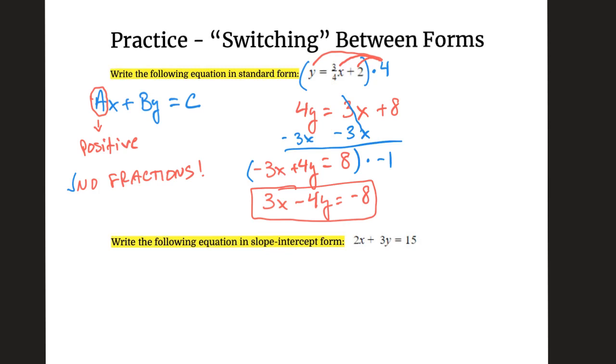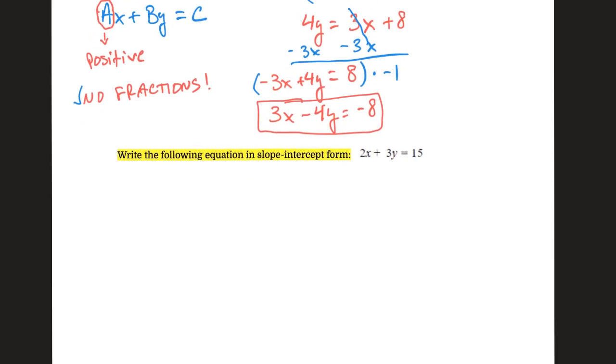All right, so now we're going the other way. This time they're giving it to us in standard form, and they want us to go into slope-intercept form, which is of course y equals mx plus b. So let's write that down for ourselves: y equals mx plus b.